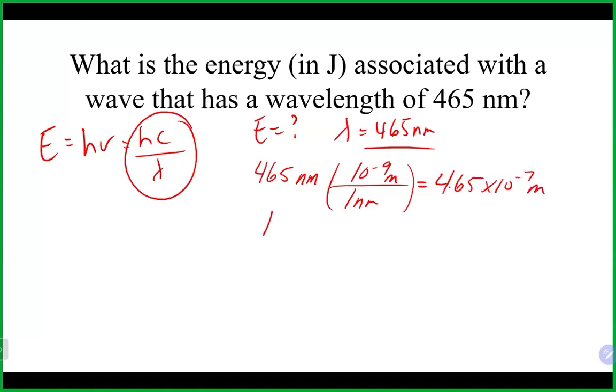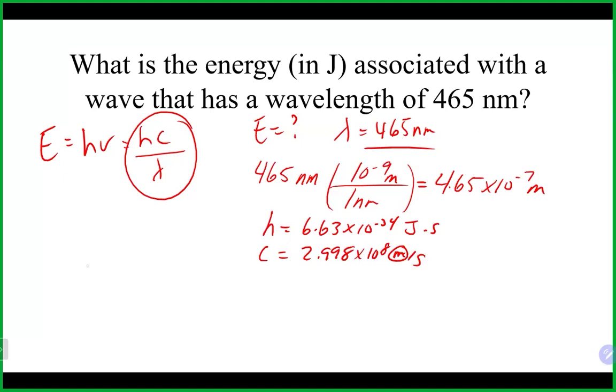For h, I'll use 6.63 times 10 to the minus 34 joules times seconds. Sometimes people use 6.626, but we'll use this one. For c, we'll use 2.998 times 10 to the 8 meters per second. Once again, it does need to be in meters because of the speed of light.